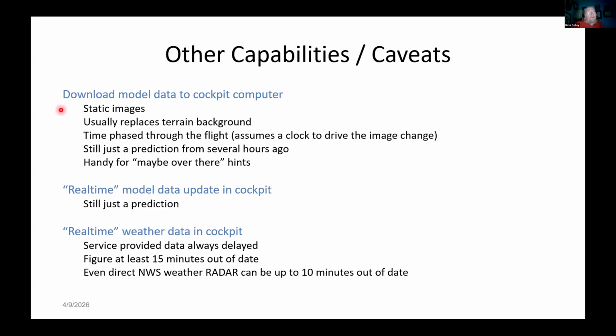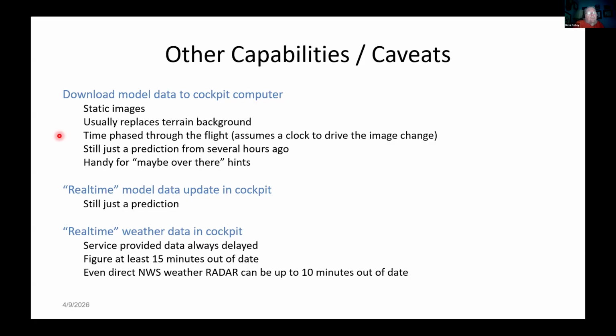Depending on the software that you have, you can download the model forecast, say from 9 o'clock in the morning, and the weather map usually replaces the terrain background, and then it can be time phased through the flight using the clock intervals to bring up the display. So if the model could give you 15-minute updates, then you would get it on 15-minute intervals or half-hour intervals or something like that.